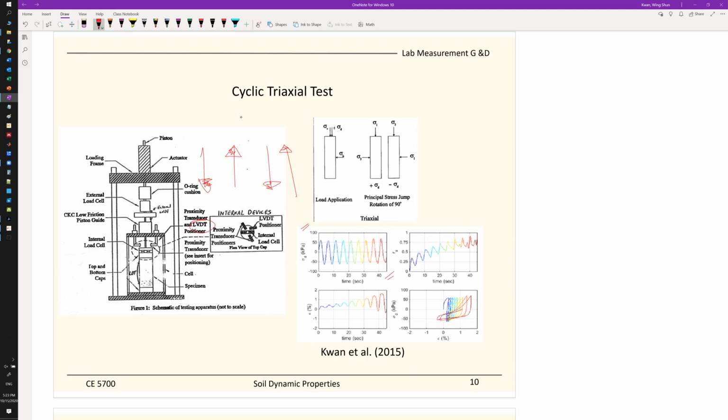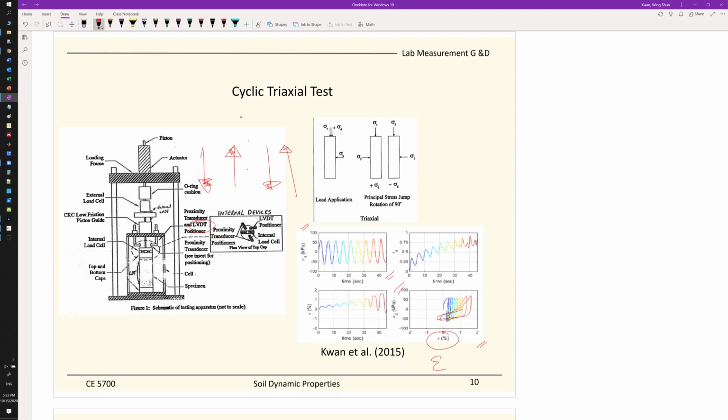Then you can monitor, if this is a load control test, which means you input a stress, and then the soil will respond as a displacement, and close to failure the soil will be experiencing more deformations. And this is the stress strain curve. Since this is axial strain, this is epsilon.